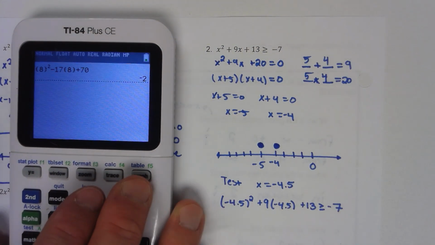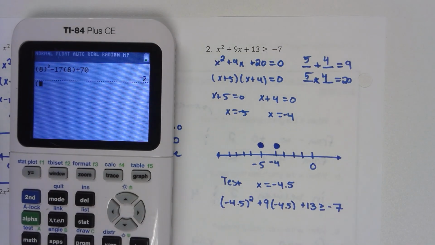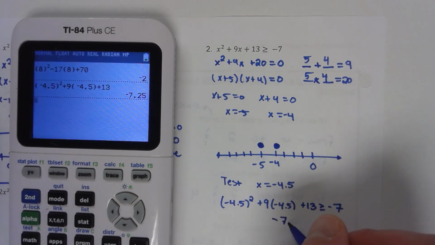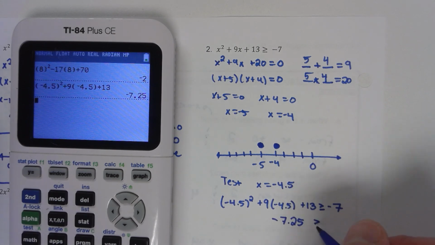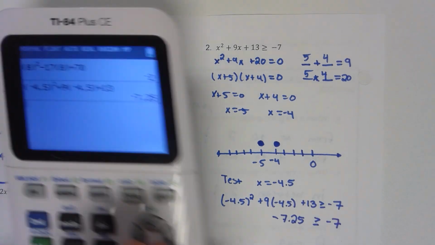All right, and I'm going to plug this all into my calculator. So negative 4.5 squared plus 9 times negative 4.5 plus 13, I get negative 7.25. Is that greater than or equal to negative 7?